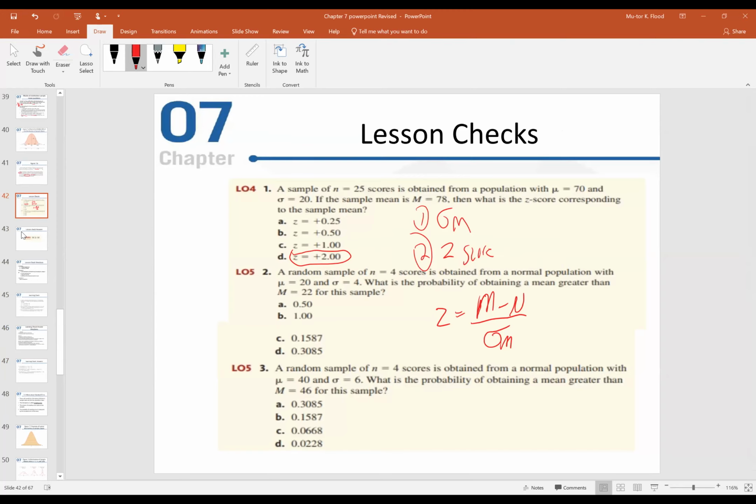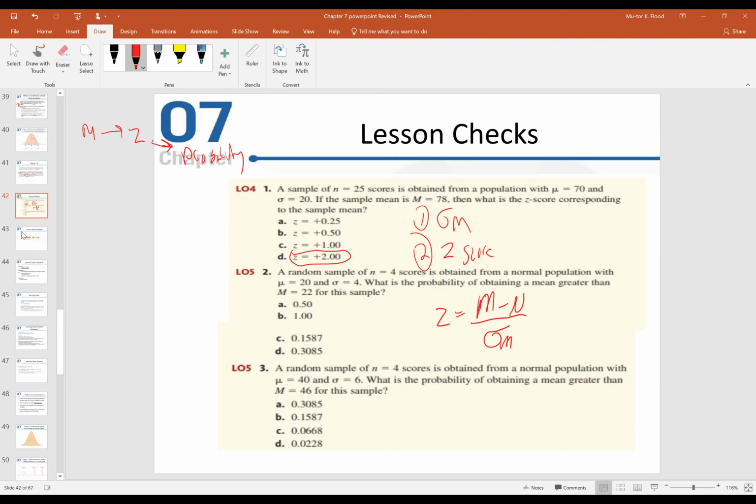All right. So again, like that triangle stated, we're going to go from the sample mean to the z-score to probability. All right. So let's get all of our information, right?